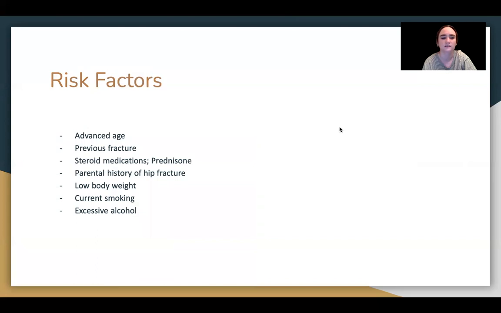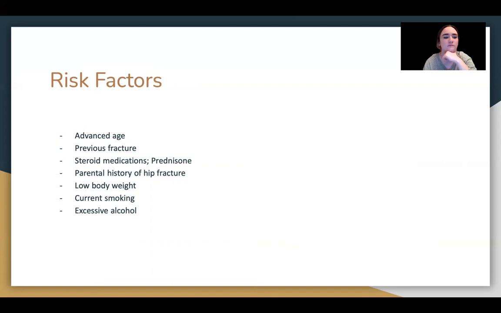Some risk factors: advanced age, previous fractures, steroid medication like we talked about, and also prednisone. Parental history of hip fractures is a really big one. Some patients will overlook that in their families. Maybe they just think that their balance is wonky, but having that knowledge of parental history of hip fractures is something to keep in mind.